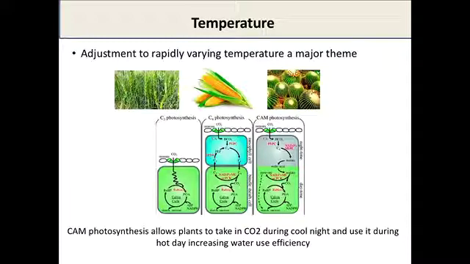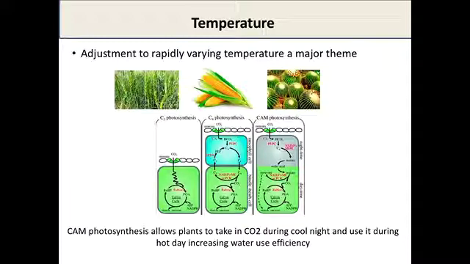So if you're trying to adapt to an environment which has large peaks and troughs in temperature, this is a very inefficient water control system. A considerably more effective method is C4 photosynthesis, where essentially the same things are occurring.